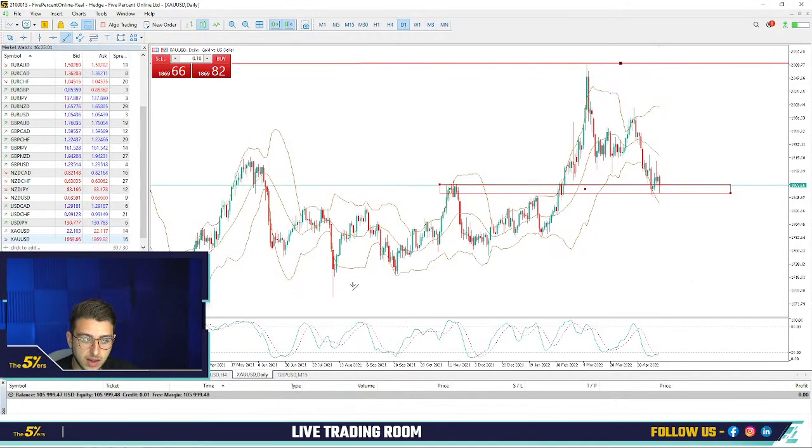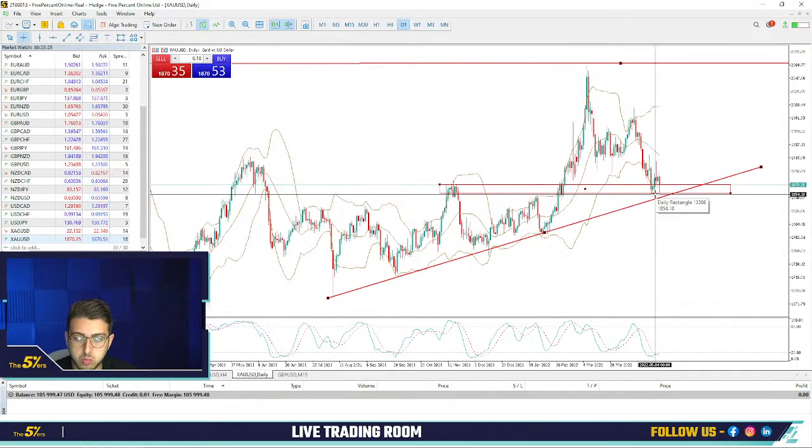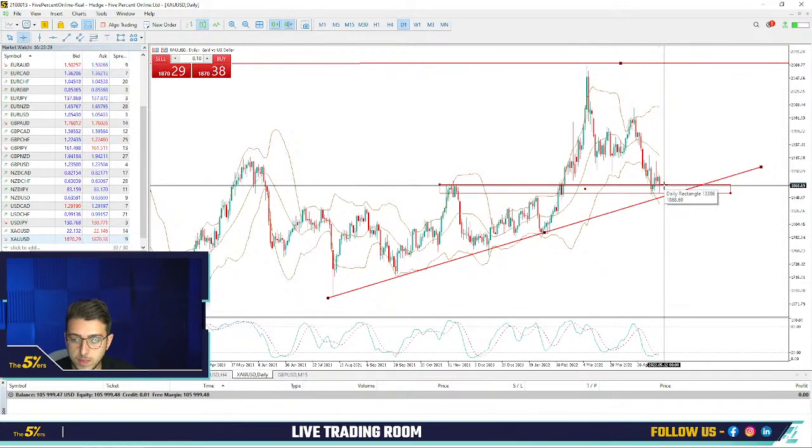If you go to the daily chart as well, you will see this type of trend line. This is clearly an uptrend line, as we see the lows are all the time higher, and we respect it a little bit here. So I would be looking to accumulate and keep building my position around this zone, which is going to be between 1,850 and 1,865 approximately.